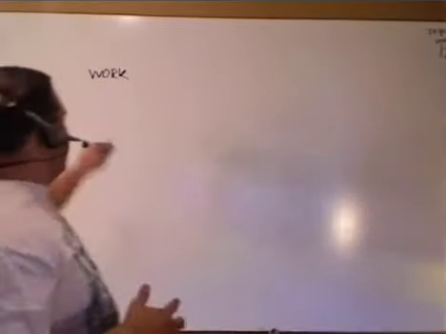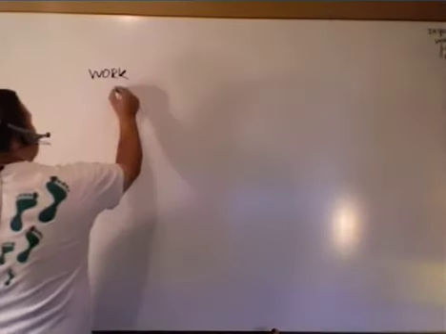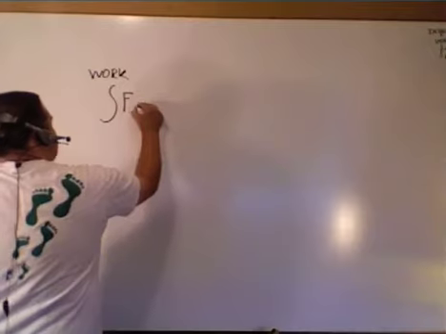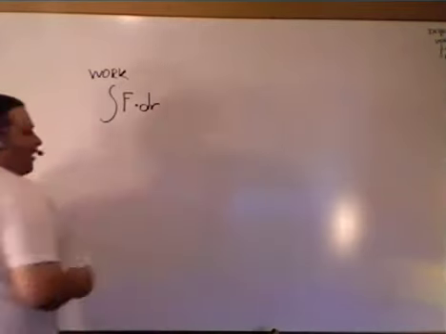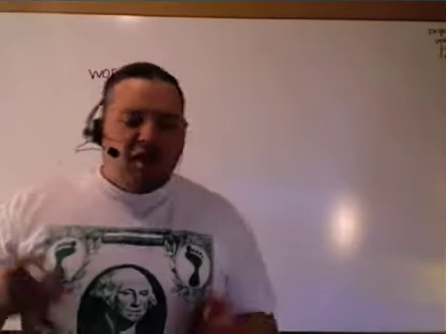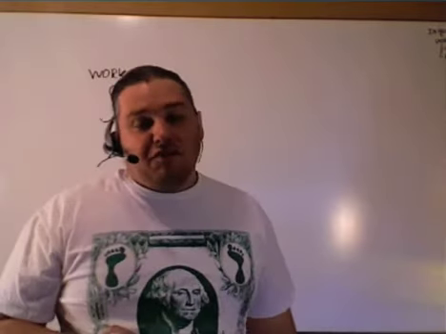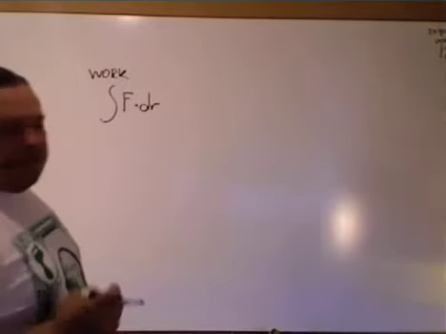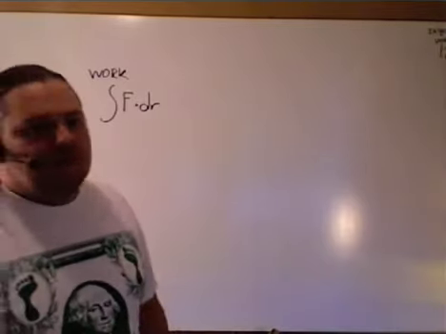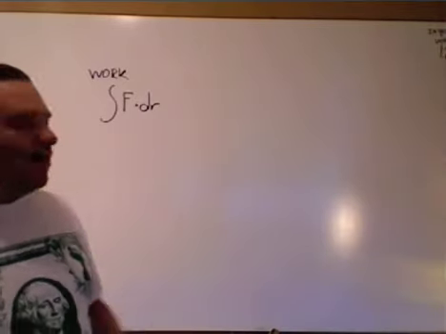Now, going back, the definition of work is the integration of force dot dr, where r is just a generalized variable for position. It doesn't have to be on the x, y, z coordinate system. It can be in any coordinate system. That's why we use r.